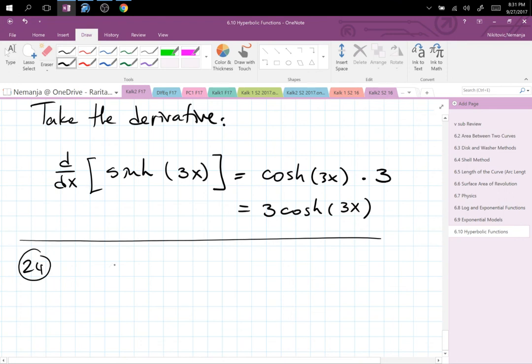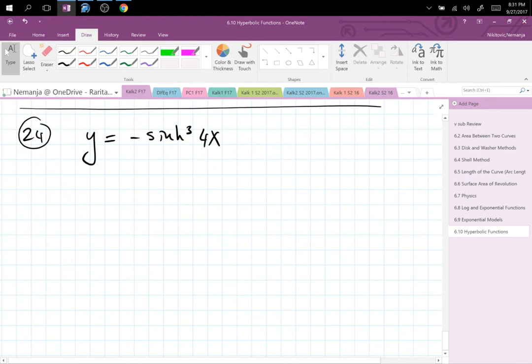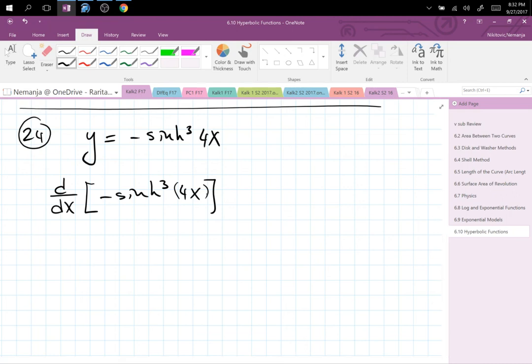They want you to compute the derivative for y equals negative sine hyperbolic cubed of 4x. That's your first assignment. Find the derivative. So you will start in a new line. You will write d dx of negative sine hyperbolic cubed 4x. Right, that belongs to hyperbolic as an argument. All right, let's see. Take the derivative. Be mindful of the chain rule.